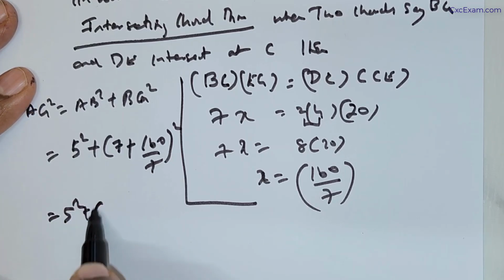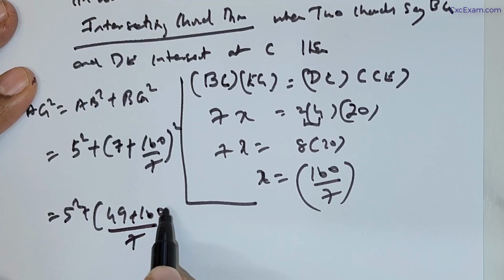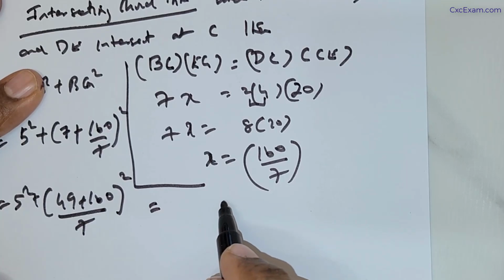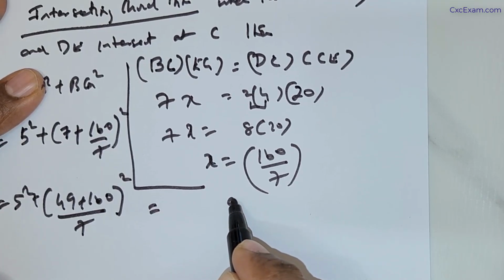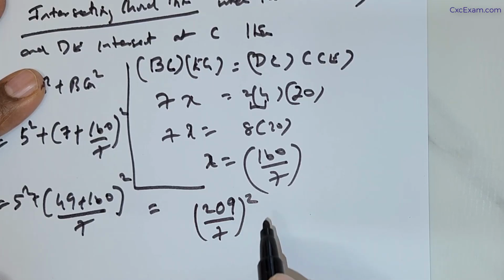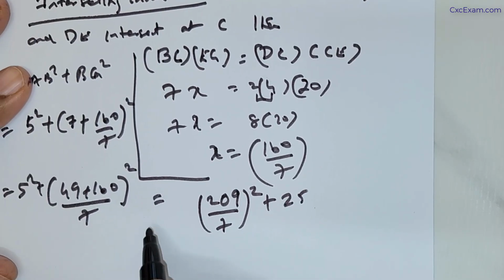So this is 5 squared plus (49 plus 160) divided by 7, squared. This is 209 over 7, squared, plus 25. This is the value for my diameter AG.